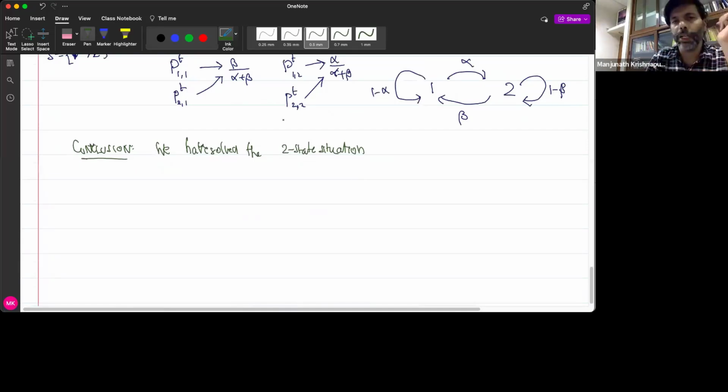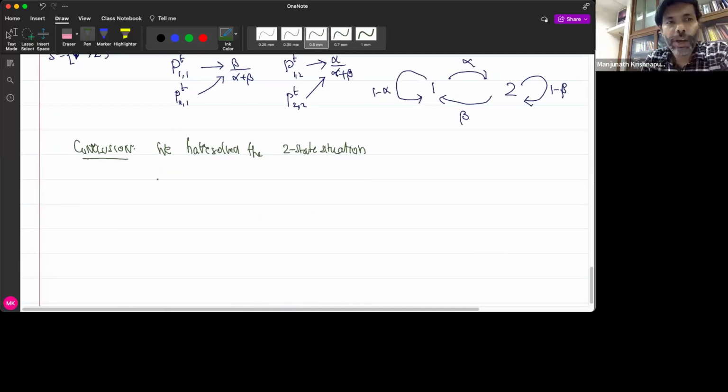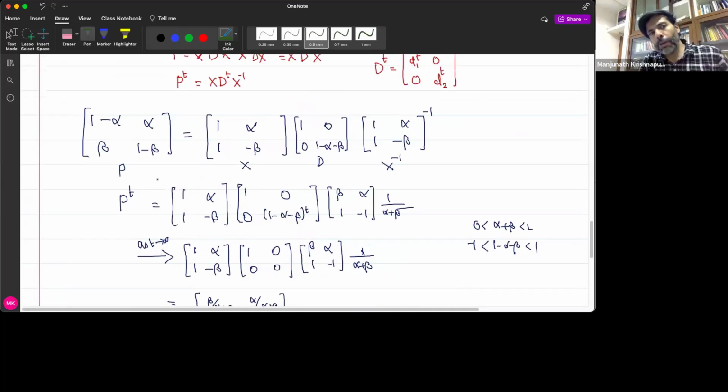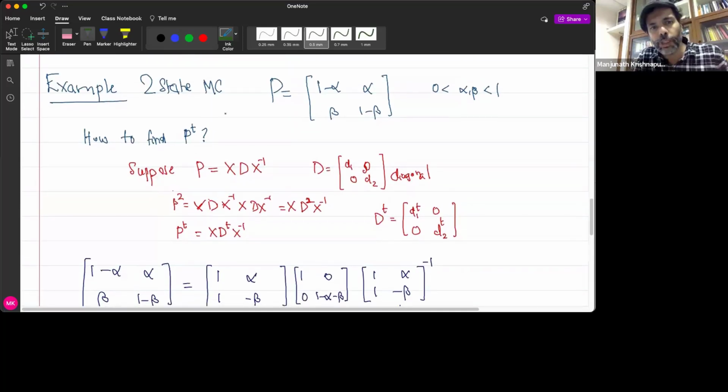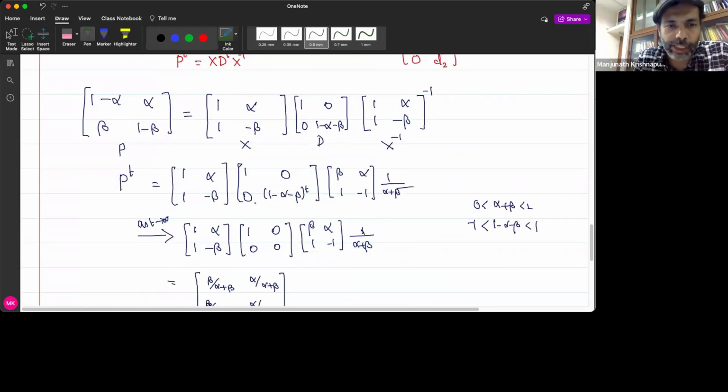In fact, it looks like this may also solve the higher case, because if we can diagonalize, we can use the same tool. But one of the problems is that sometimes matrices need not be diagonalizable. That can be a problem, and we will do that next lecture.